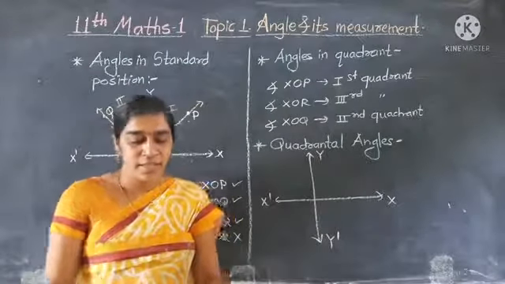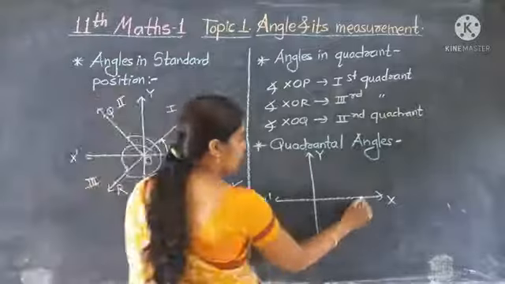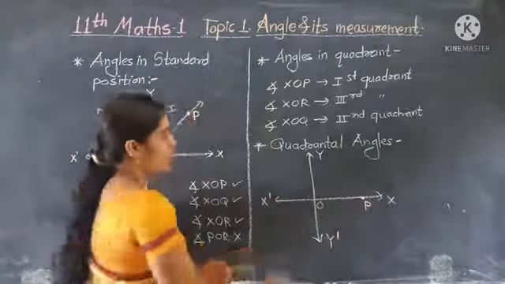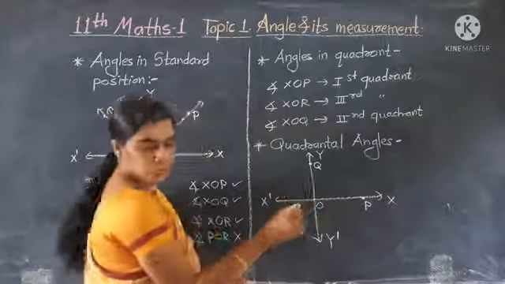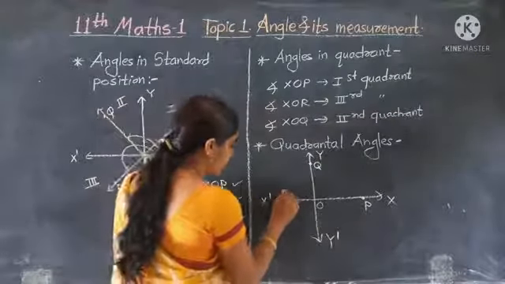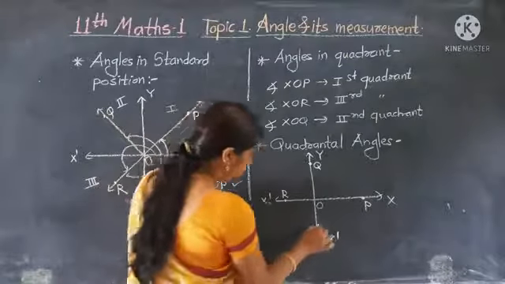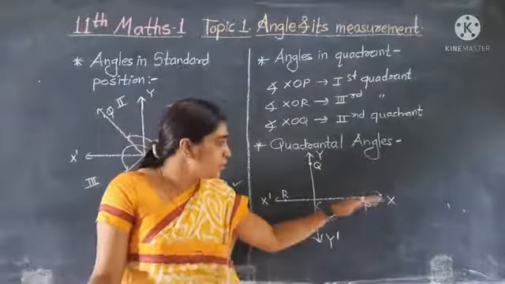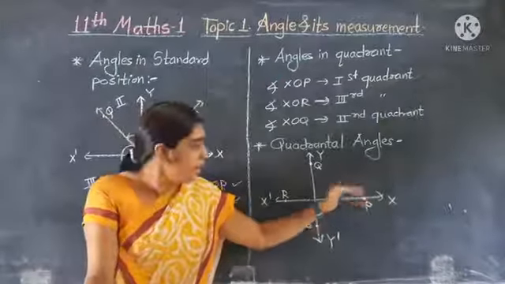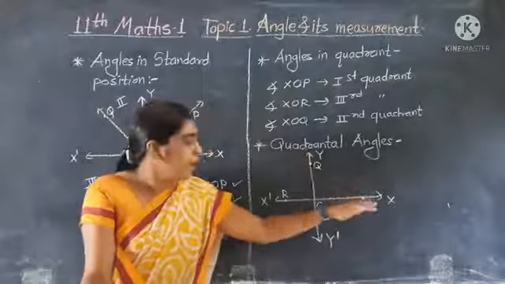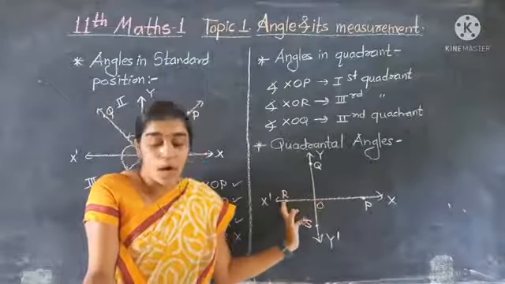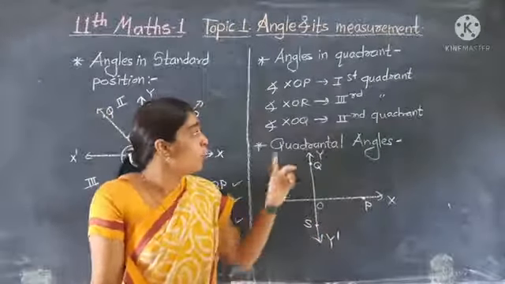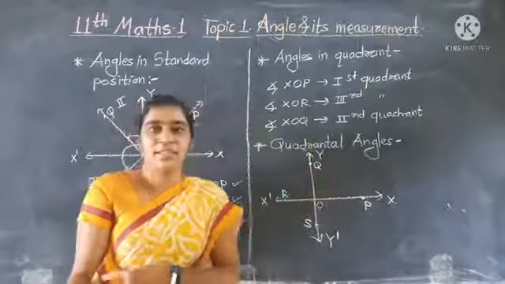Here XOP, here I write here O. This is the point P. Here suppose this is the point Q, R and suppose this is the point S. So here angle XOP, angle XOQ, angle XOR and angle XOS are called the quadrantal angles.